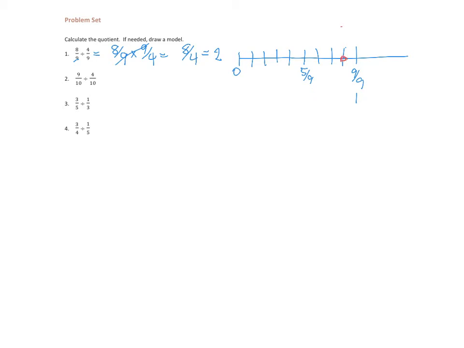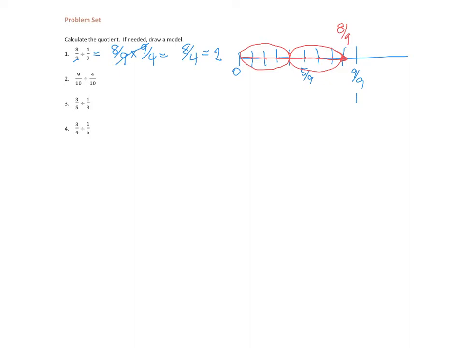So there's 8 ninths. Just draw that in, and then I'm dividing or chunking it by 4 ninths. So 1, 2, 3, 4, there's 1, 1, 2, 3, 4, there's 2. That one worked out perfectly.